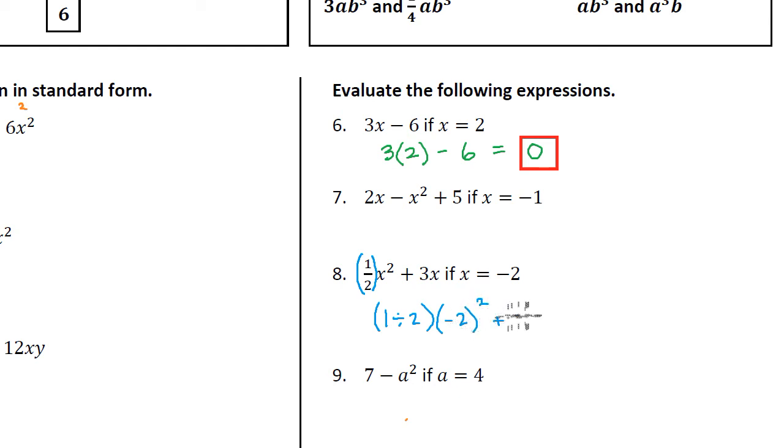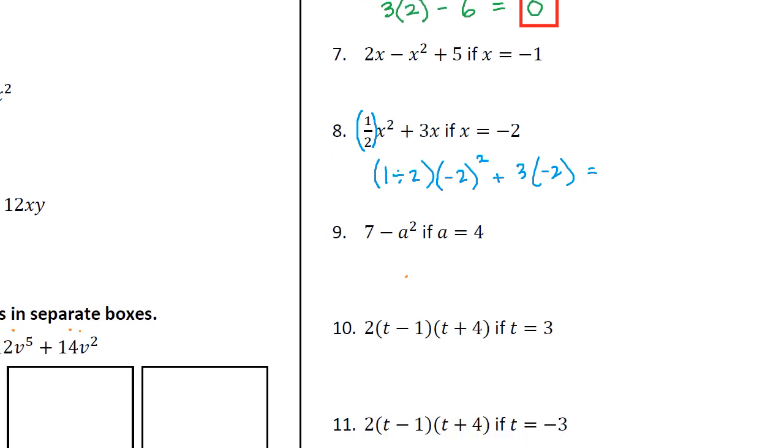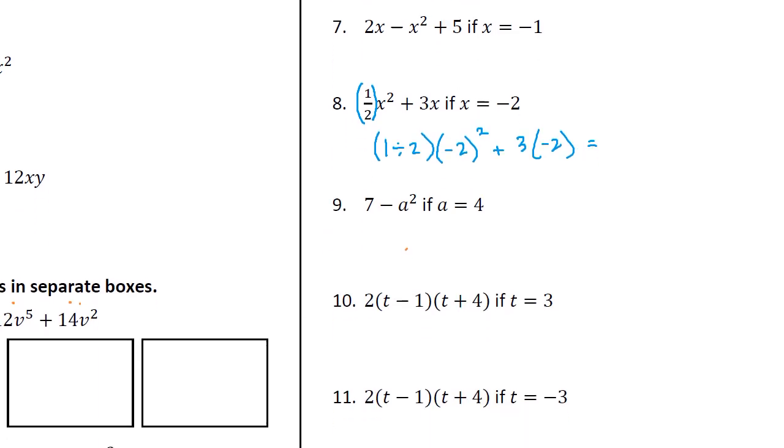I guarantee you, if you write this out correctly and use your parentheses correctly, specifically around fractions and your variable, you put this in your calculator, boom, you're going to get the correct answer. All right, number 9.